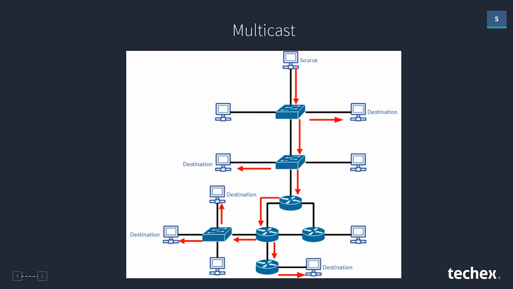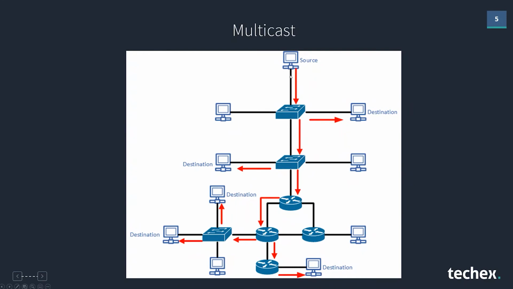But this is where multicast comes in. You only have to send one copy of the traffic throughout the network, and in theory it will be replicated at the relevant points so that the source network doesn't have to handle multiple copies of the same content.